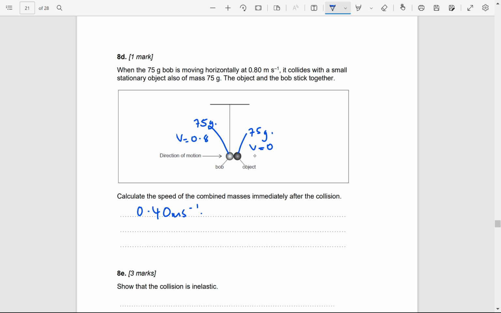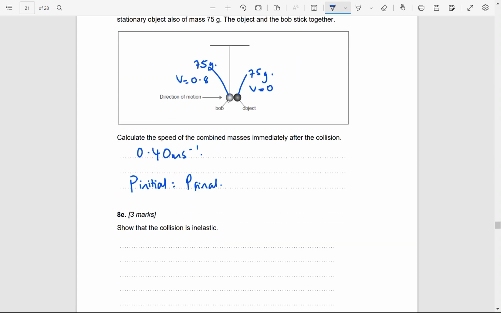When the bob collides with the object, they stick together. So we know that initial momentum equals final momentum. So the initial momentum comes from Mr. Bob here, or Mrs. Bob.